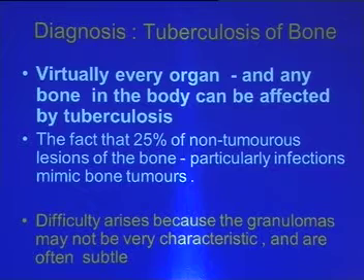And we do see tuberculosis affecting every organ and any bone in the body and at any age. And the fact that 25% of non-tumorous lesions of bone, particularly infections, mimic bone tumors, is something which we need to keep in mind all the time. Now, in the bone, my personal experience is difficulty arises because the granulomas very often are not very characteristic and they are very subtle.